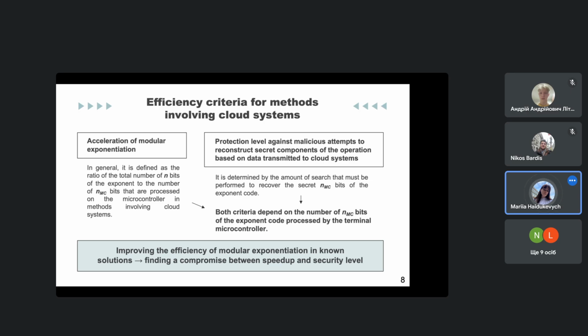It is quite clear that both indicators depend on the number of n_MC exponent digits that are processed on the terminal microcontroller. Thus, increasing the efficiency of modular exponentiation in known solutions is actually a search for a compromise between the acceleration of this operation and the level of security of calculations.